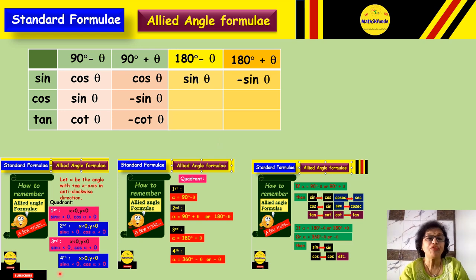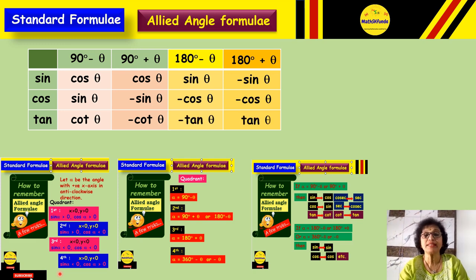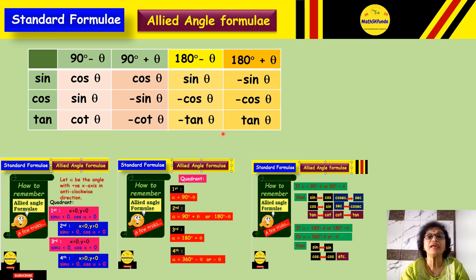Now, when you go further and try to write other things like cos 180 minus theta or cos 180 plus theta, now you know why I have written there minus cos theta and minus cos theta, and same with tan of 180 minus theta and tan of 180 plus theta. Tan 180 plus theta you can understand. 180 plus theta means you are in third quadrant, and answer for tan we had already written here in the first one, that answer for tan theta is positive.